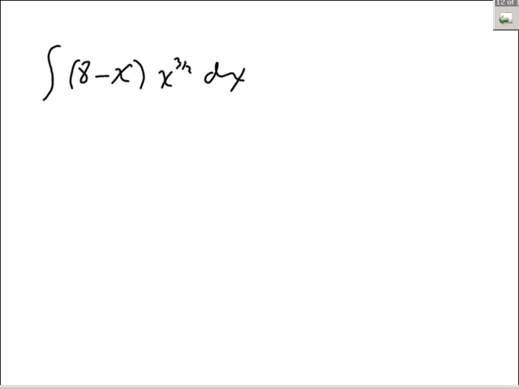If you were given this problem, this is not to be done by any kind of substitution. Just distribute. Okay, 8x to the 3/2 minus x to the 5/2 dx.